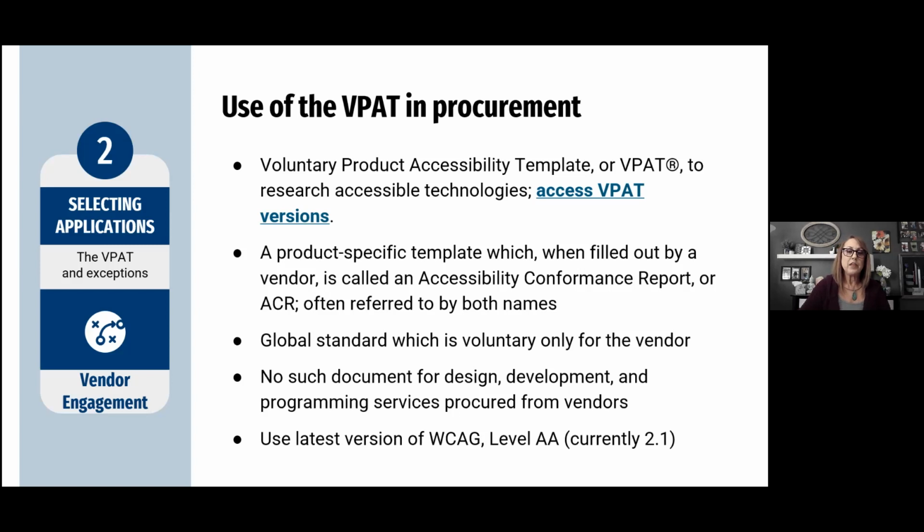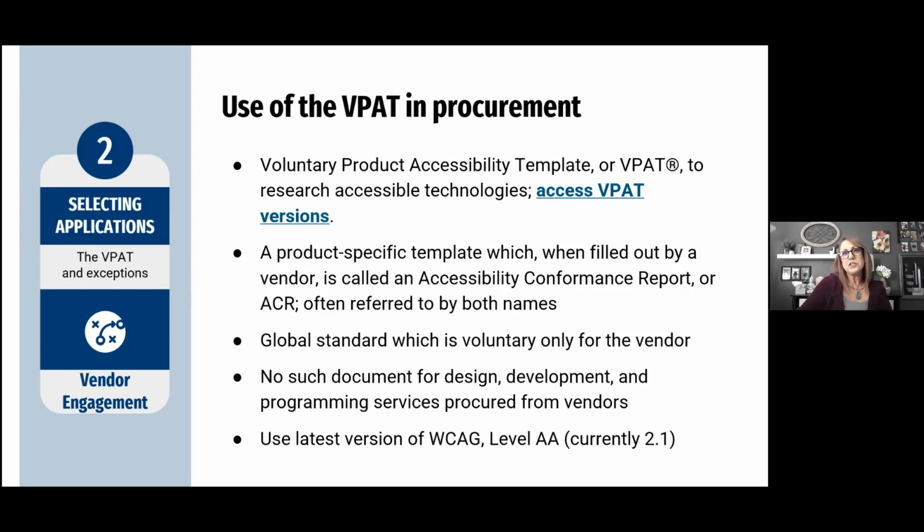And so the VPAT, which we utilize as a template, once it's filled out by the vendor, turns into an Accessibility Conformance Report, or ACR. It can be referred to by both those terms interchangeably, although the correct terminology once it's filled out is Accessibility Conformance Report.